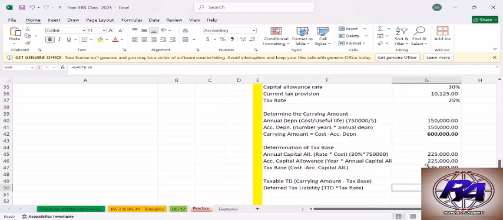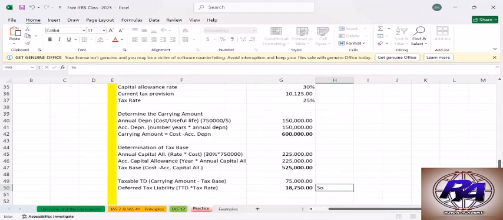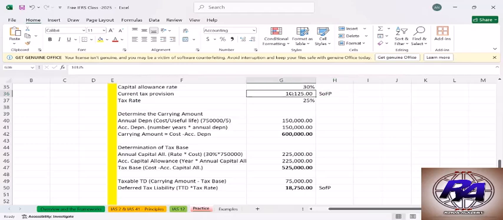So if you want to go to the statement of financial position, we will send this to our statement of financial position as our deferred tax, and we will send this again to our statement of financial position under current liability. This will go under non-current liabilities, while this goes under current liability as what?